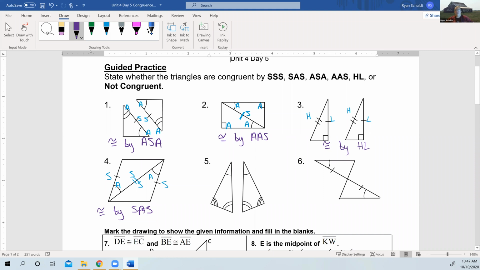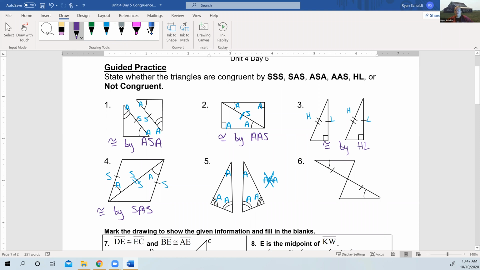Okay, number 5. What do they give us on number 5? They give us an angle, another angle, a third angle. All they give us are angles. Do we have one that's angle, angle, angle? No. Remember, I said this the first day we looked at these.